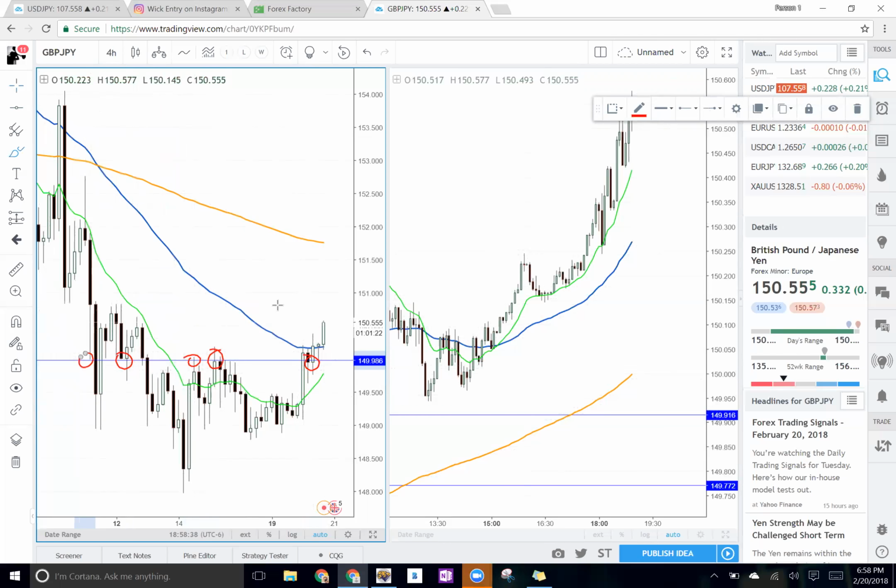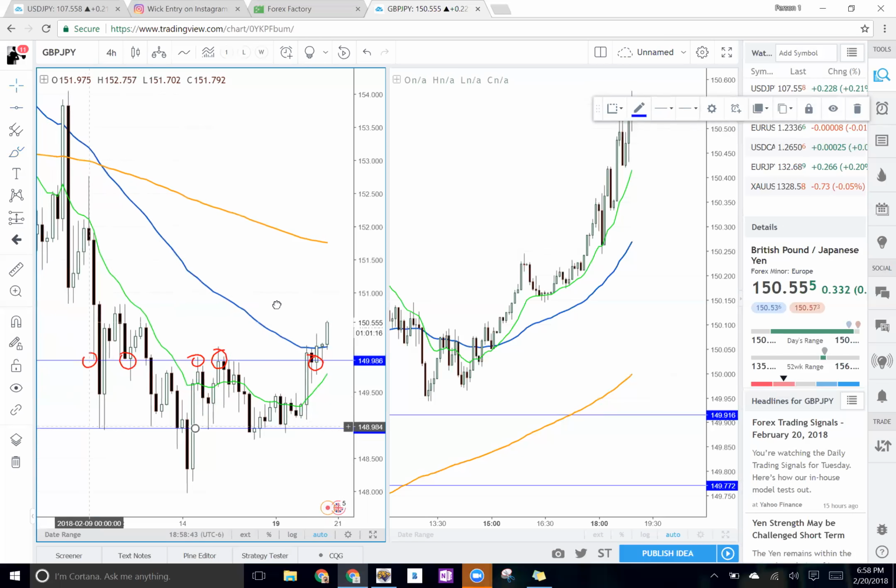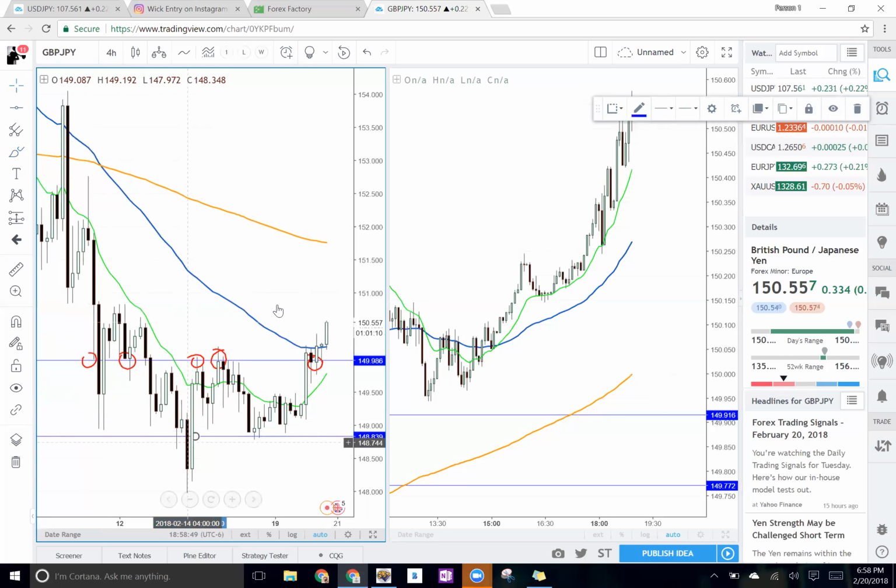For Rakeel, his lines would probably be something similar, because he uses the average wick range. So that's where I'll normally try to put a line, at that average range.